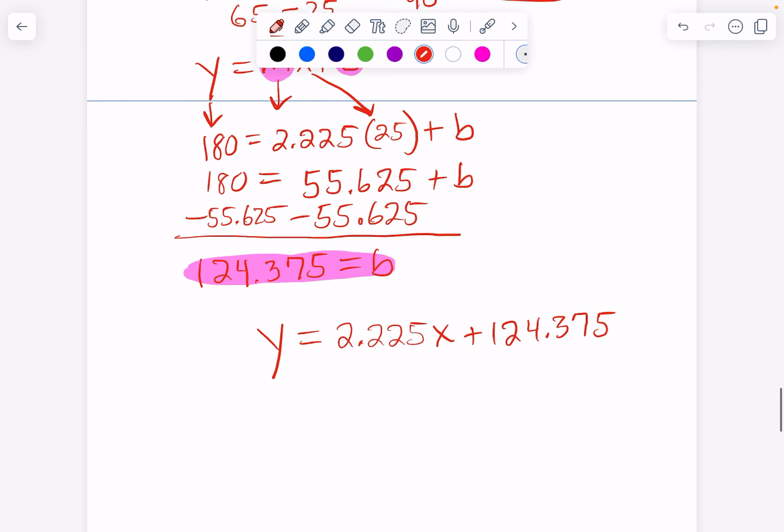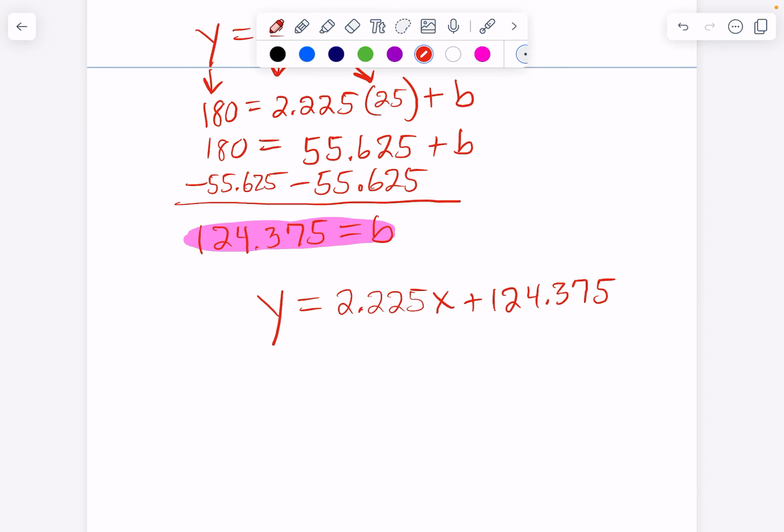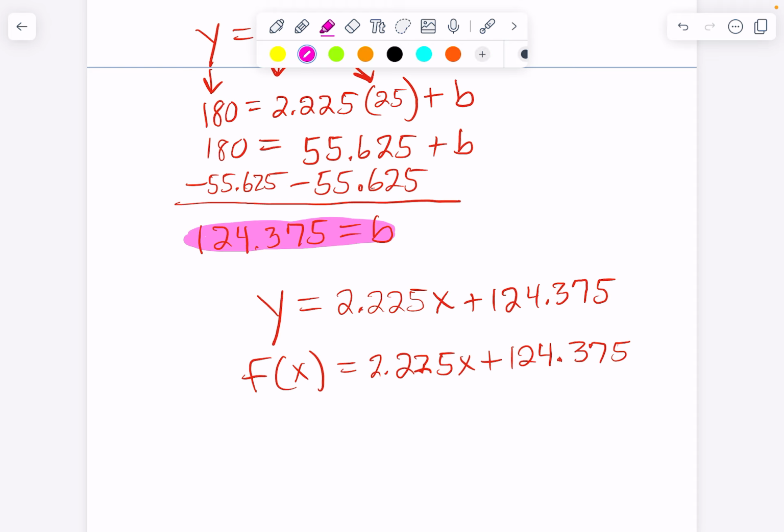And then to formalize it into a real life function, f of x will equal 2.225x plus 124.375, where f in this particular case is the total cholesterol and x is the age.